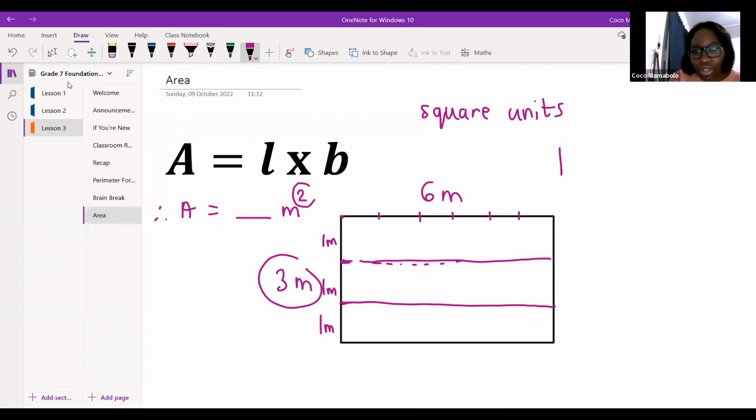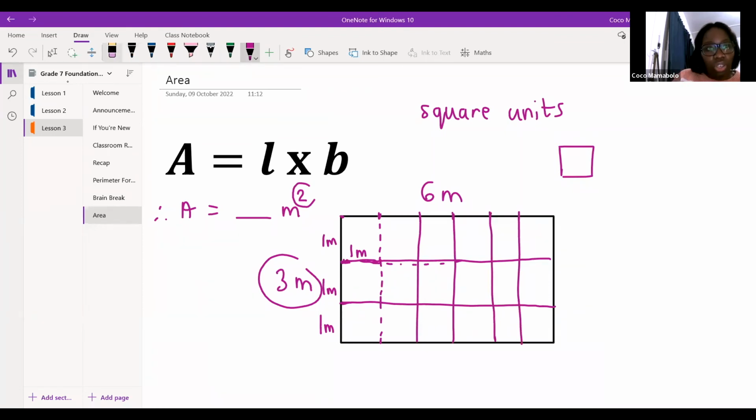They're supposed to be actual squares. So now I'm going to measure 1 meter there, 1 meter there, 1 meter there. So this is actually 1 meter by 1 meter. And I can do this across: 1, 2, 3, 4, 5, 6. Down and down and down and down.